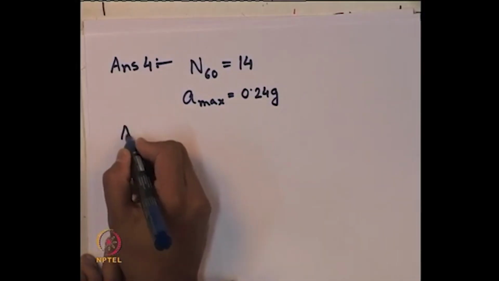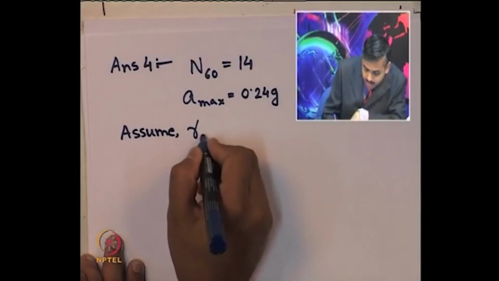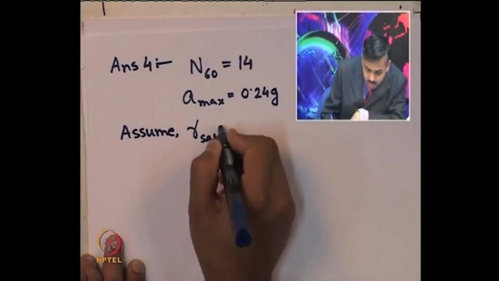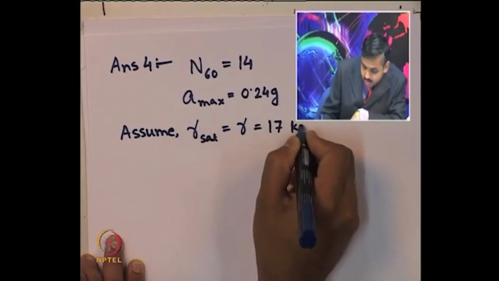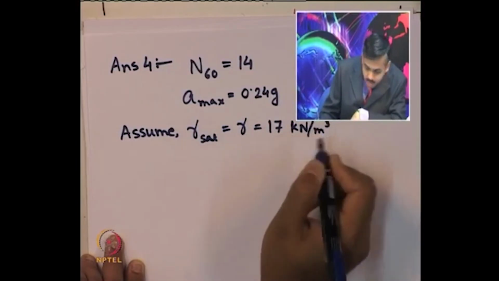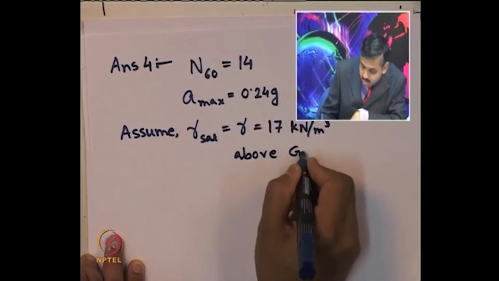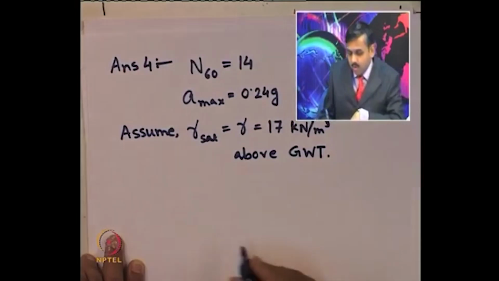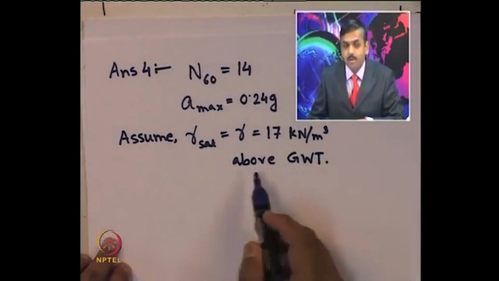Now, let us assume or consider that gamma saturated equals 17 kilonewton per meter cube above the groundwater table also. That is, when the data is not provided, we can assume a reasonable value of gamma.